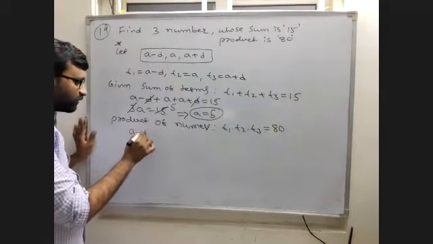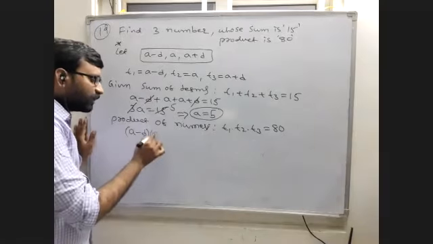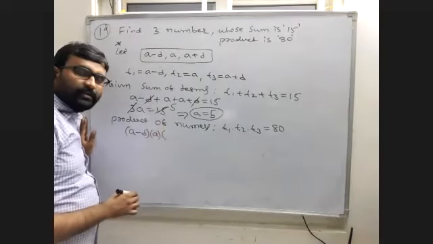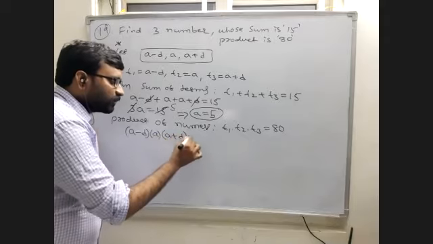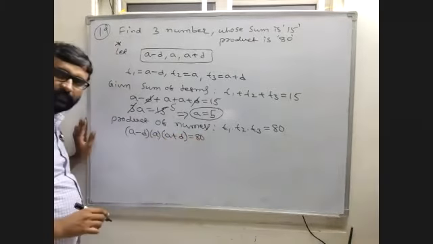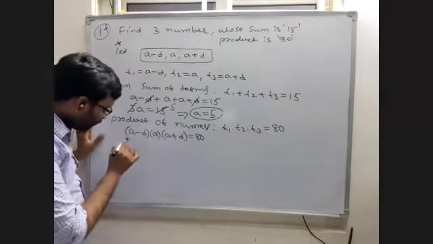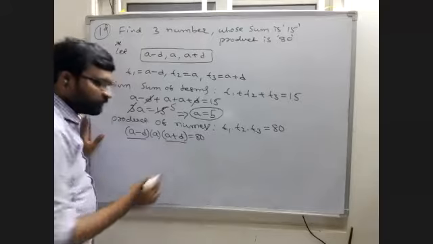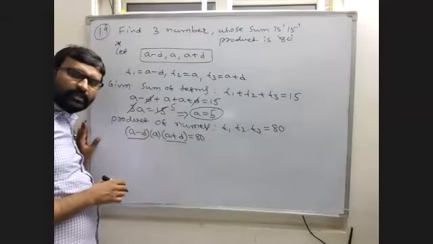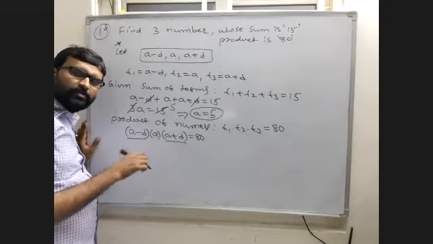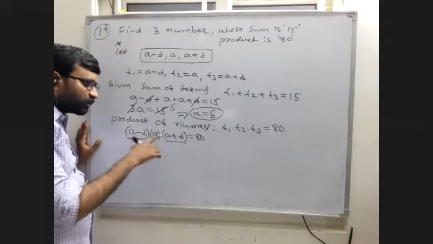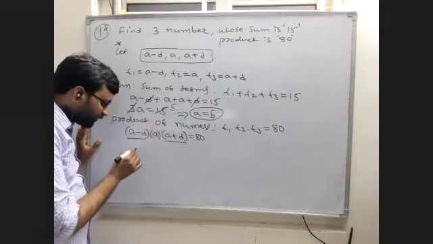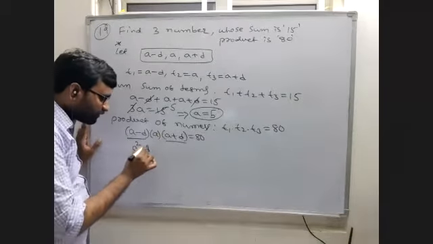A minus d. What is T2? A. T3 what? A plus d is equal to 80 given. If you observe, a minus d, a plus d, these two are in the formula a plus b into a minus b, a square minus b square, there is a formula. So by using that formula for these two terms, we can write a square minus b square.